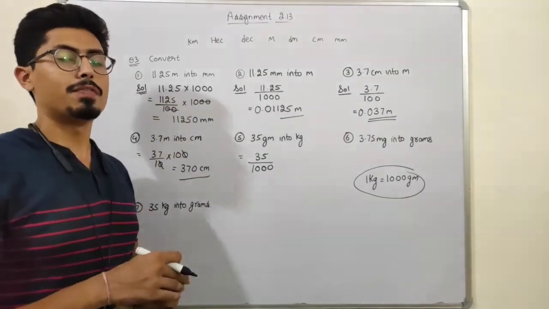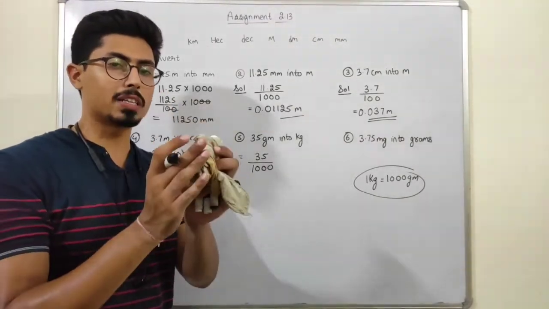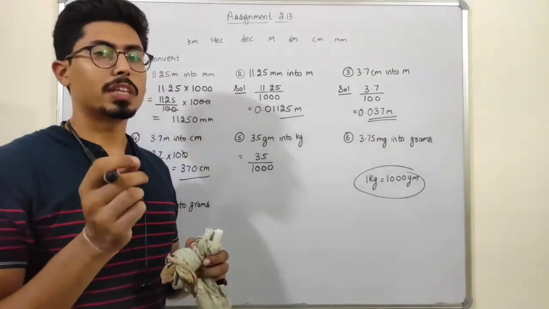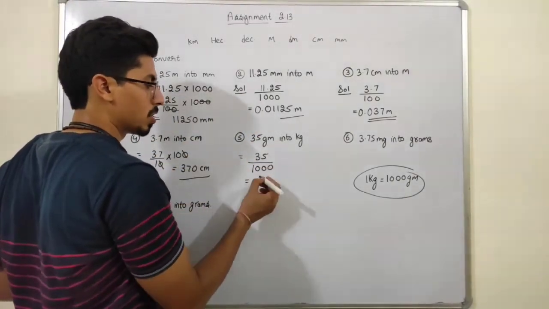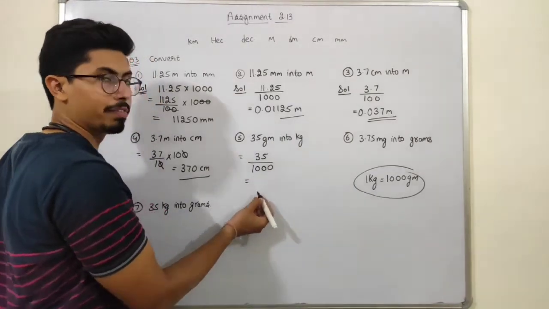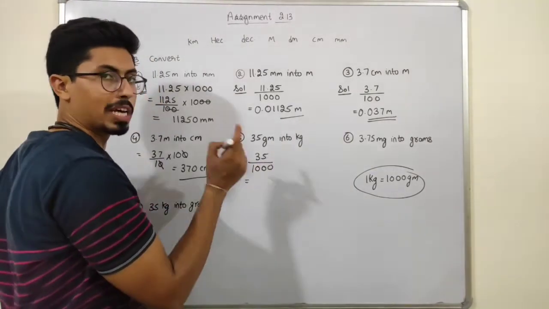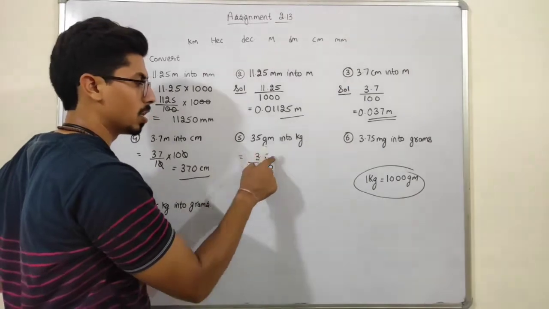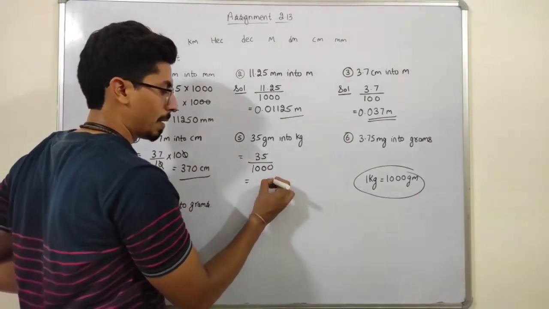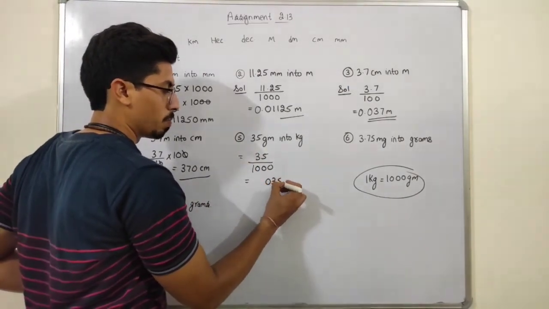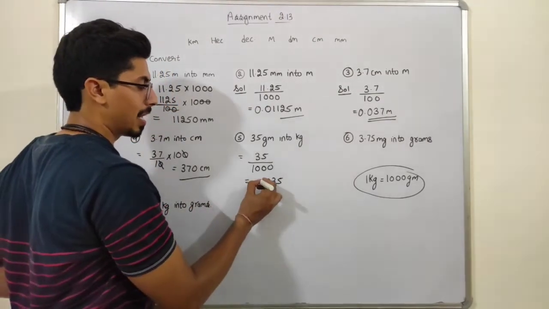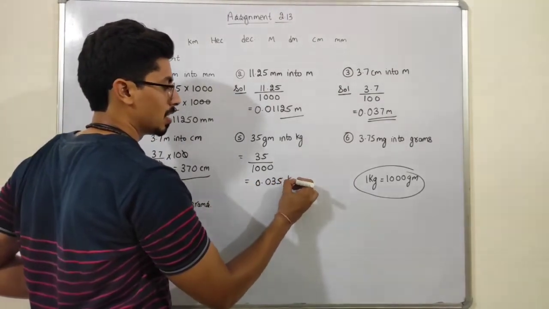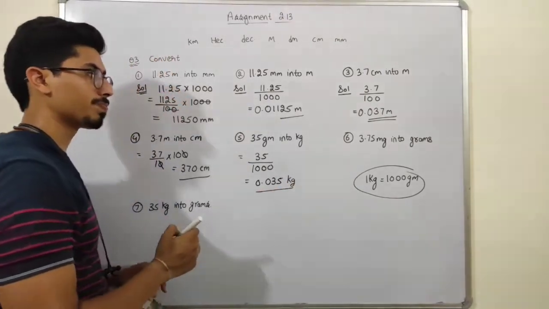And when I go from a bigger unit to a smaller unit, then I multiply. So if I divide these two numbers, now in the denominator I have 3 zeros. So I have to put a decimal before 3 zeros. Two digits are already there, so I put an extra 0 to make it 3 digits. So a decimal here now, or it can be written like this, and the answer is in kilogram now.